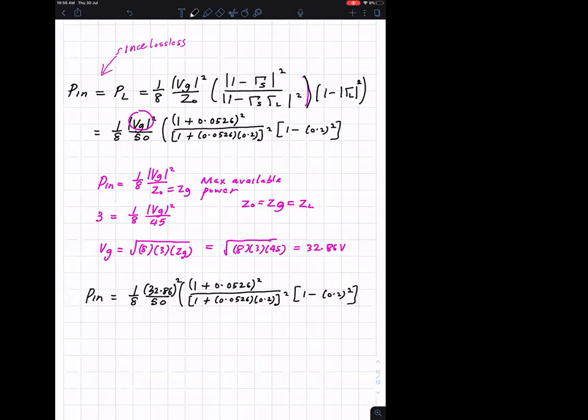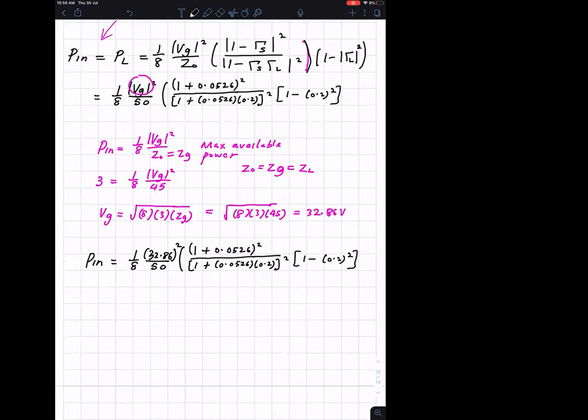If you do the number crunching, you will end up getting 2.812 watts.